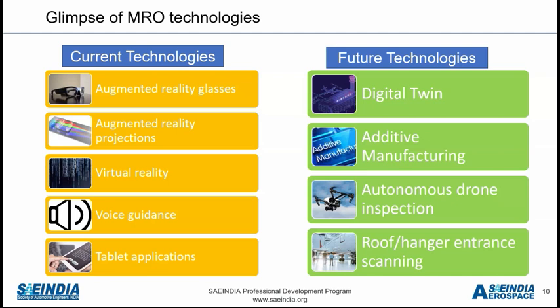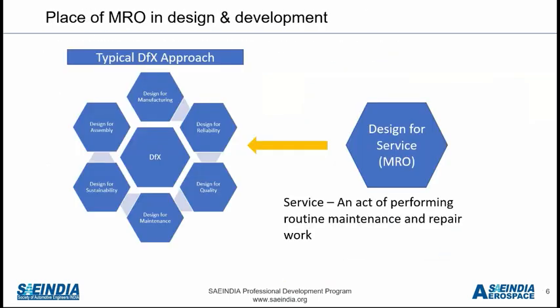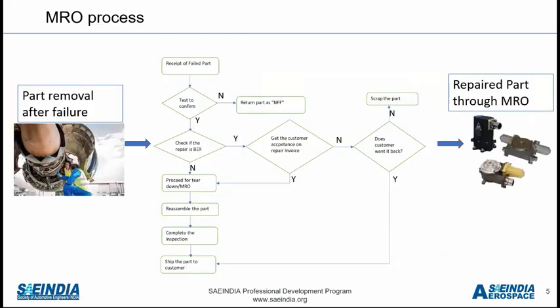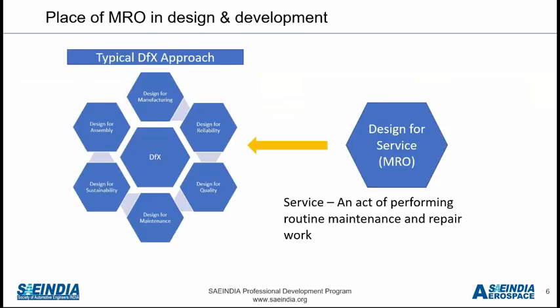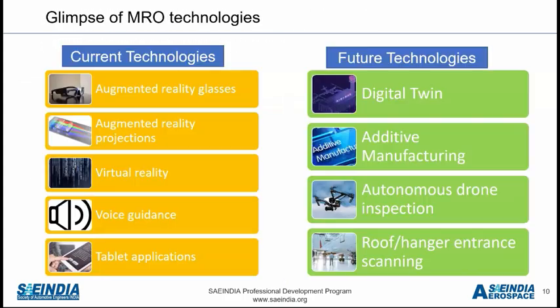As we had seen in this slide, this is a complete MRO process flow. So how are MROs improving their processes currently, and what are the different technologies that will help improve MRO services? Here I just wanted to give a brief about that.